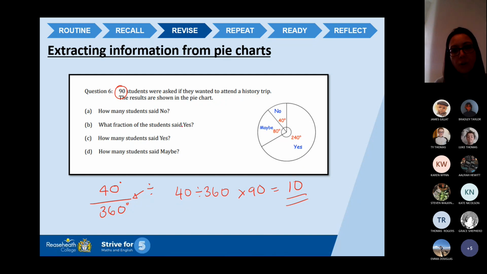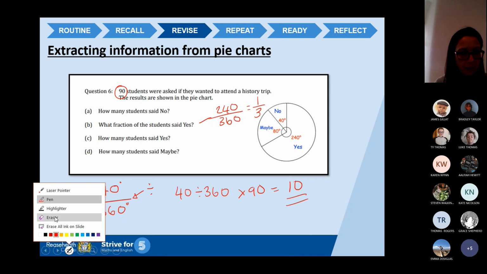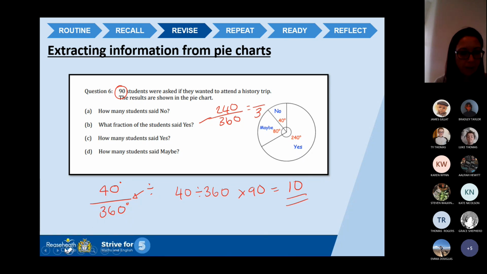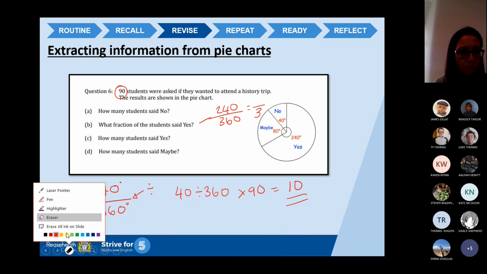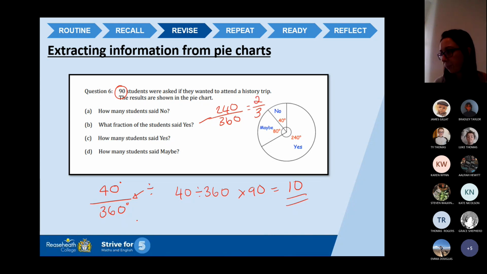Okay, so what fractions of the students said yes? So again, you can just do that as a fraction, 240 over 360, and then simplify it, or just press equals on your fraction button and that will simplify down to a third. No it won't, it's 2/3, my bad, hang on. Definitely bigger than a third, isn't it? It's 2/3.